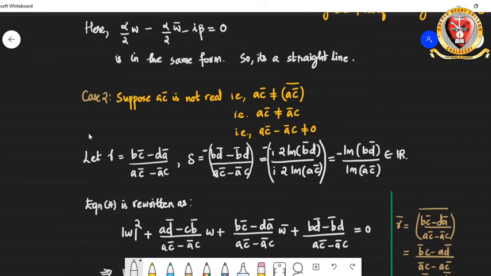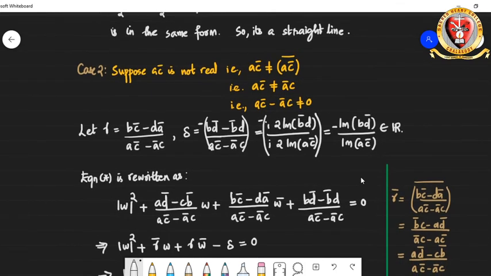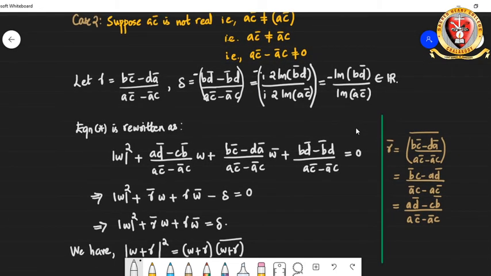Okay. Then we define two quantities, gamma and delta, where gamma is BC bar minus DA bar divided by AC bar minus A bar C, and delta is equal to minus of BD bar minus B bar D divided by AC bar minus A bar C. And when you just work it out, you can understand that this delta is also a real number. And the equation double star, it is not star, it is actually double star, sitting here, can be rewritten by dividing AC bar minus A bar C throughout, because it is non-zero.